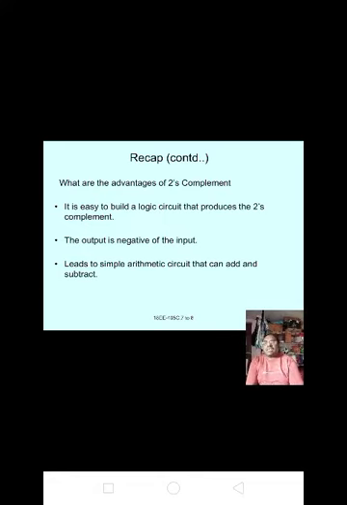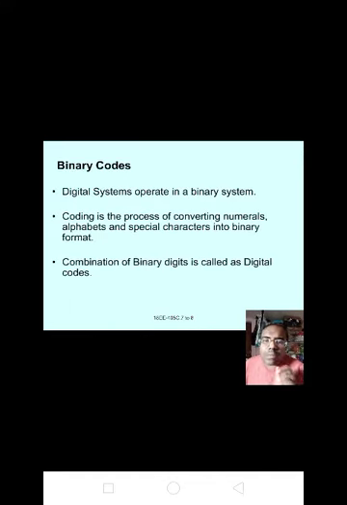Once again, what are the advantages of 2's complement? It is easy to build a logic circuit that produces the 2's complement. The output is the negative of the input, leading to a simple arithmetic circuit that can add and subtract. These are the advantages of 2's complement.